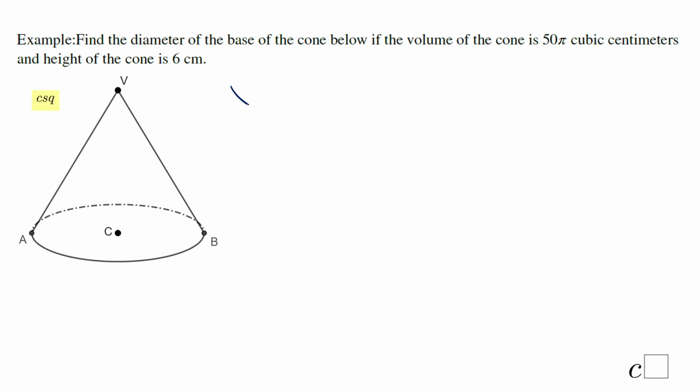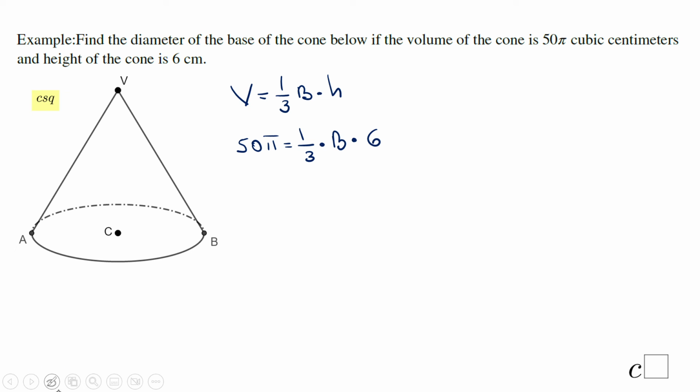So the same thing, we're going to start with the volume equals 1 over 3 area of the base times the height. We know the volume, it's 50 pi equals 1 over 3. The area of the base, we do not know it, so that's the thing we're going to need to find out, times the height, which is 6.